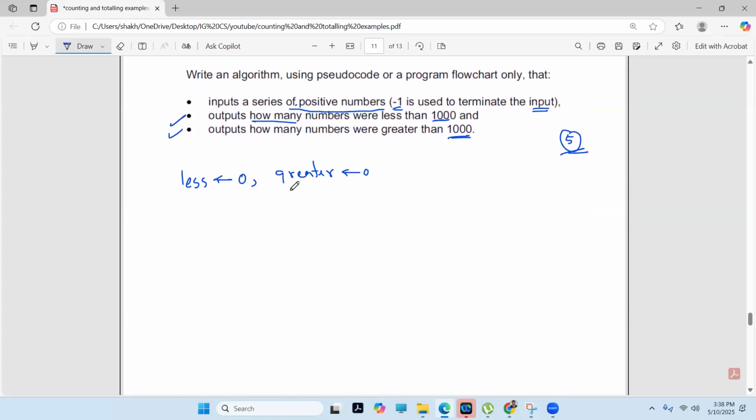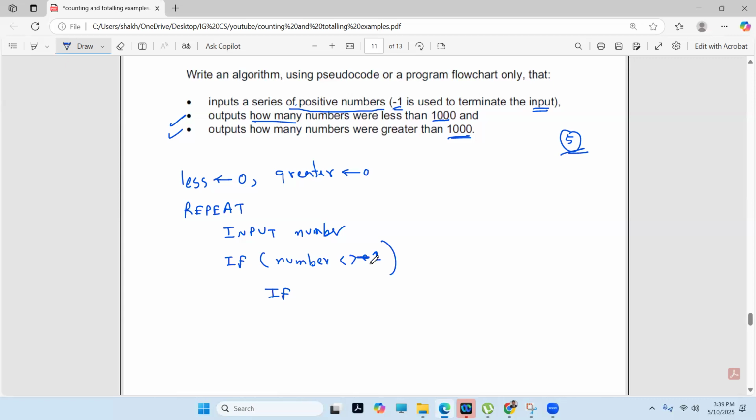Okay. So here we'll write repeat, input the number. What I'm going to do here is, if the number that I input is not equals to -1, then I have the permission to go inside, right?